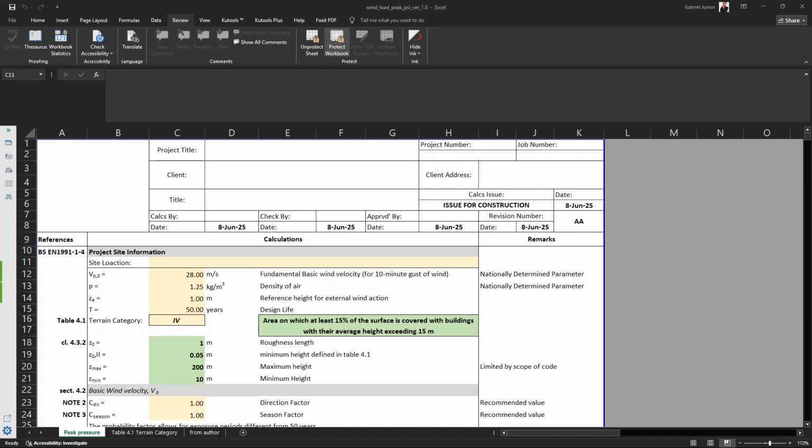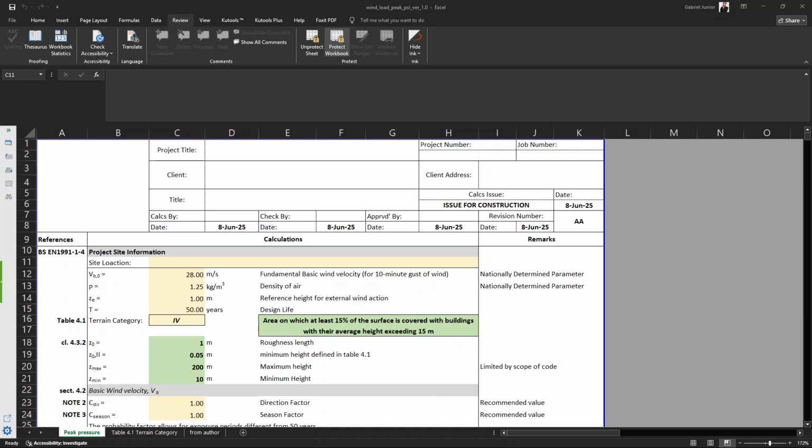You'll note that in the Eurocodes for the description of the height Z, it might not have E because it's just referring to height itself. But for my case, I only want to look at the external wind action. That is why I've added the E, so that refers only to the external wind.